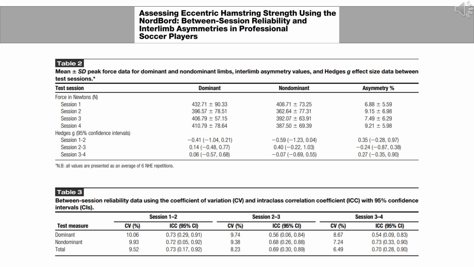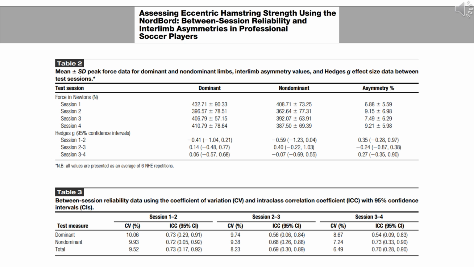And equally, generally speaking, ICC values are either moderate or good. We don't have one that's poor, but equally we don't have one that's excellent. And so there's probably a little bit of a learning effect in the Nordic hamstring exercise.